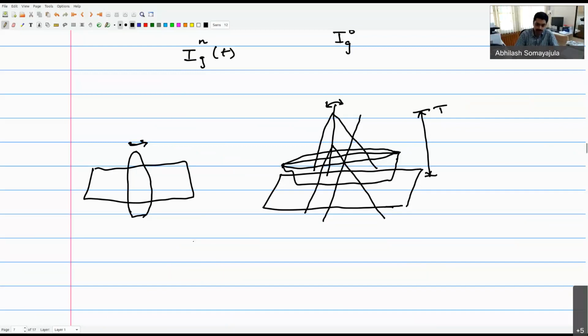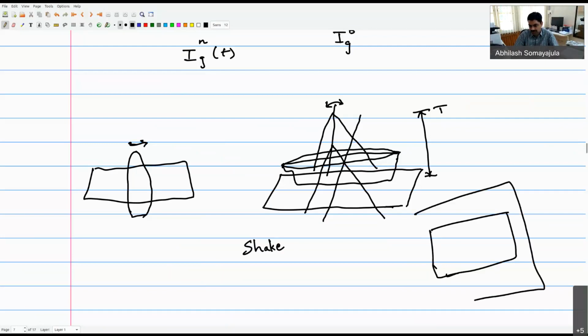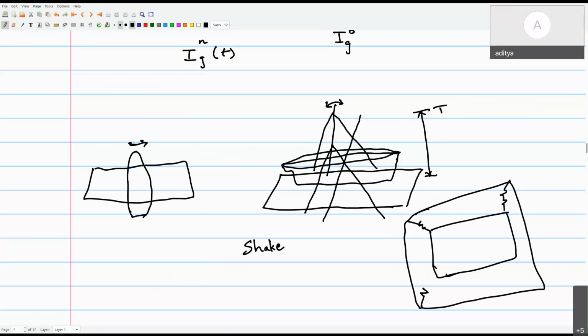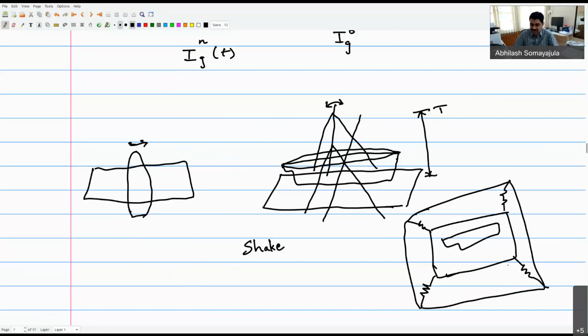There is another way too, which is called the shake table, which means that you have a full-fledged table which is mounted from another platform with respect to springs. My drawing of spring is really bad, but that's okay. I simply put the boat on here, and I try to shake it in all different directions, up, down, sideways.